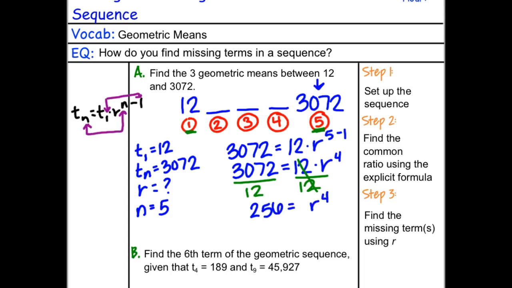Now, if you recall, to undo squaring, we square root. So to undo a fourth power, we're going to take the fourth root. And some of you are probably going, whoa, I have no idea how to do that by hand, and I don't know where to get it on the calculator.